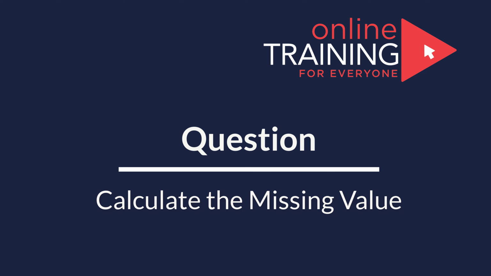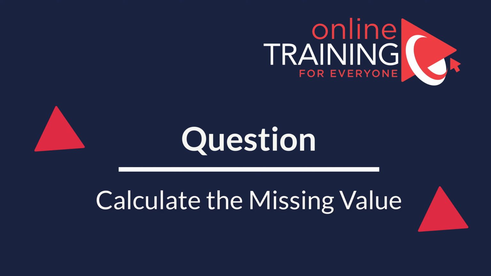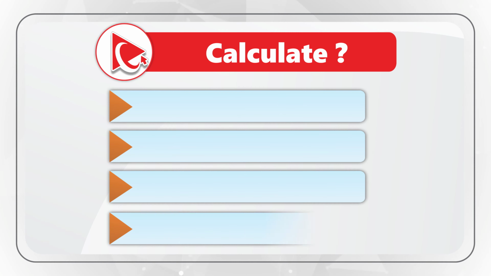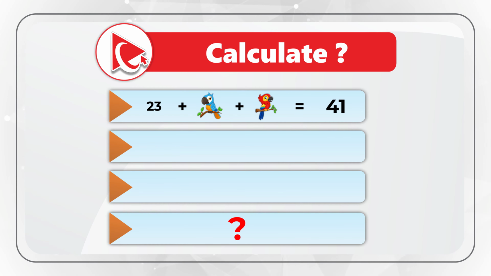One of my favorite questions is where you need to calculate the missing value. You're presented with 3 equations, and in 4th equation, the result is missing. The first equation is 23 multiplied by blue parrot plus red parrot equals 41. Second equation, 19 plus blue parrot equals 31.